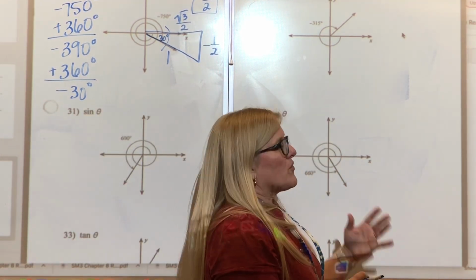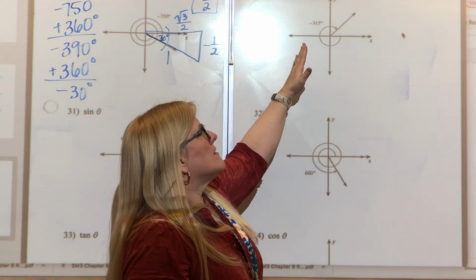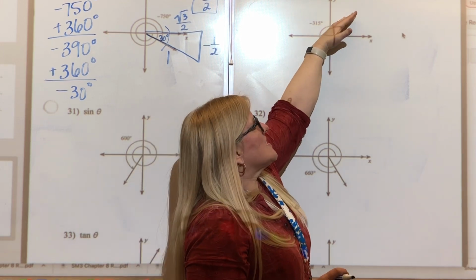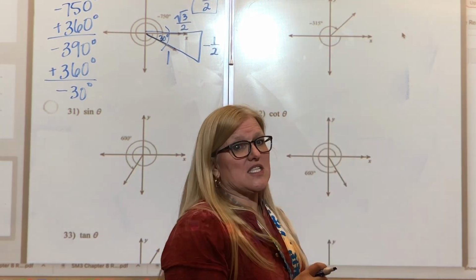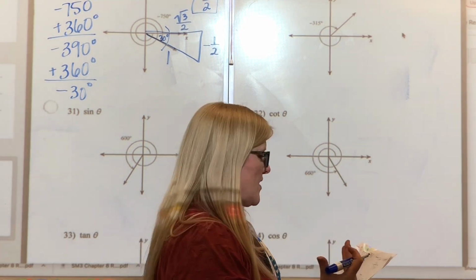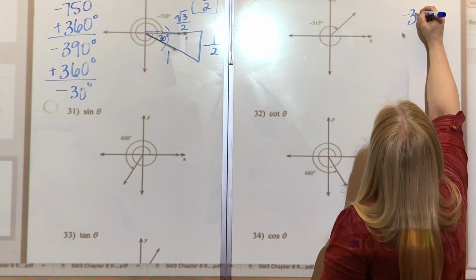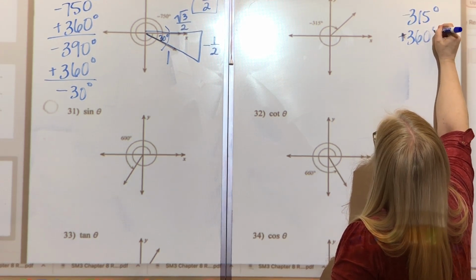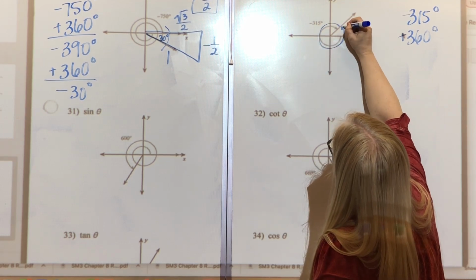Again, over here, -315 degrees, I don't really know. I mean, I could think, how many degrees do I need to get to -360? But another way of doing that is by taking your -315 degrees and adding 360 to it. Again, you're undoing to get back around.